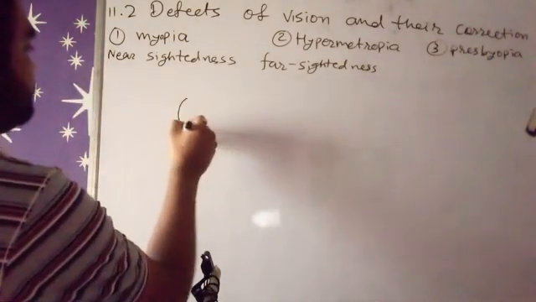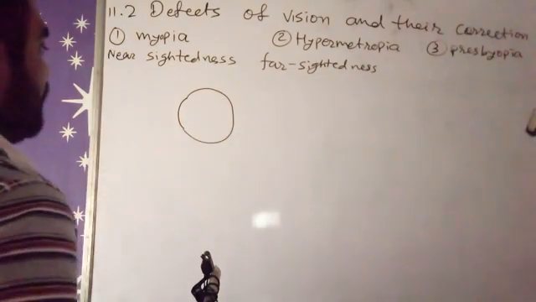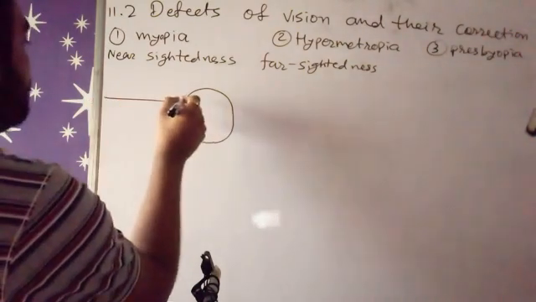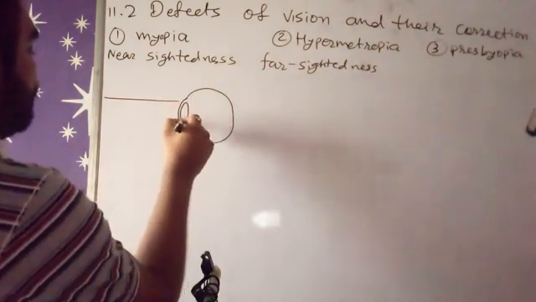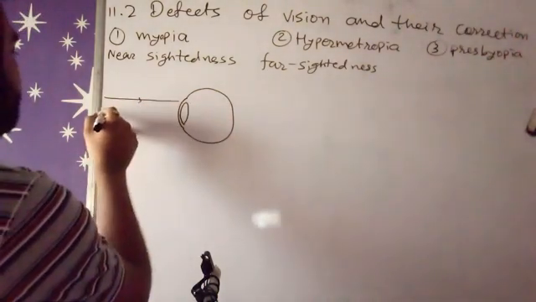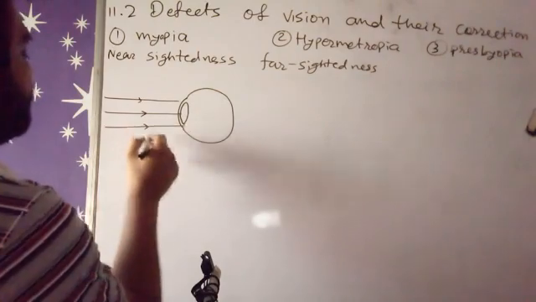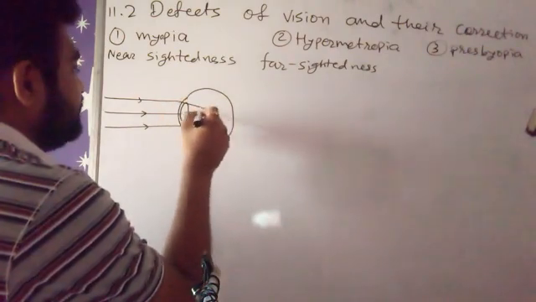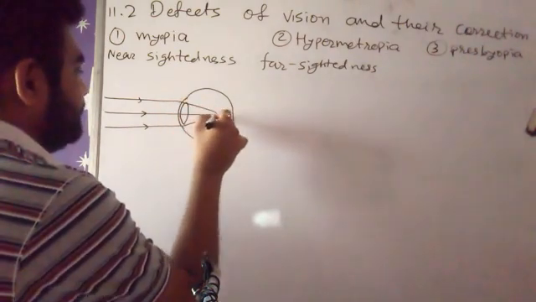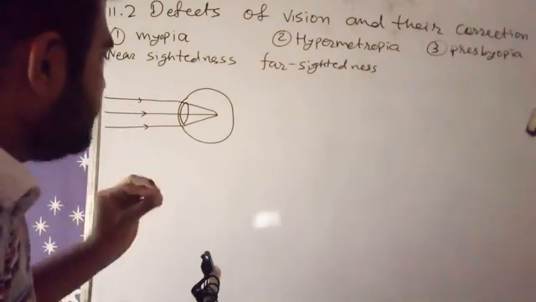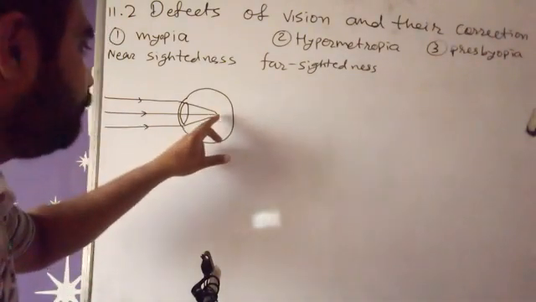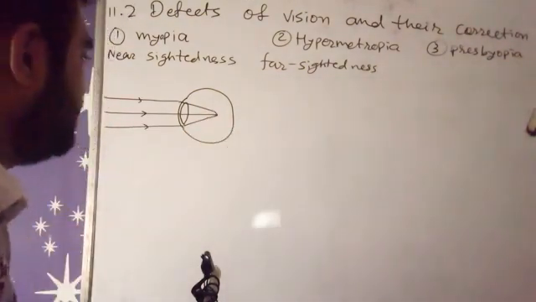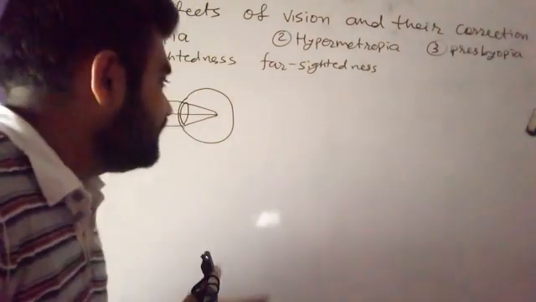If this is our eye, here we have the retina. We have a convex lens in our eye, always. If the object is very far away from the eye, its image is not formed on the retina but before the retina. To see a clear image, the image has to strike the retina, but here it can't. That's why we can't see that image properly.